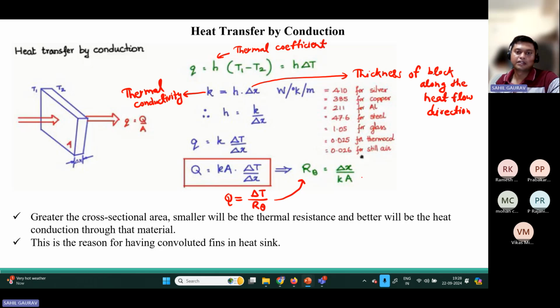If this area is more, the thermal resistance will be less, and better will be the heat conduction through the material. This is the reason we have convoluted fins in the heat sink. If you see a heat sink, it is in this shape such that the area will increase.